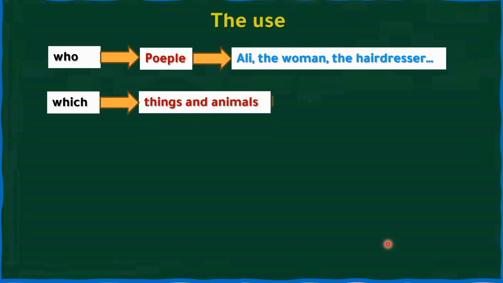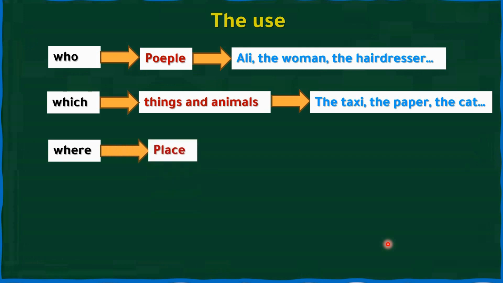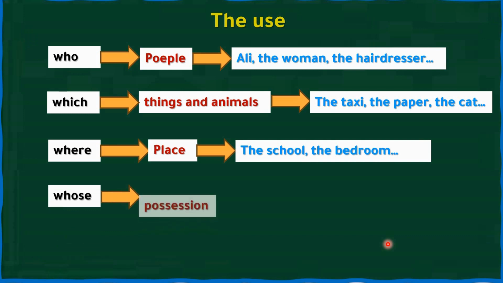Things and animals, for example the taxi, the paper, the cat, the dog, and so on. Where is for place, like the school, the bedroom, the supermarket, the mosque, and so forth. Whose is for possession, la possession, الملكية.